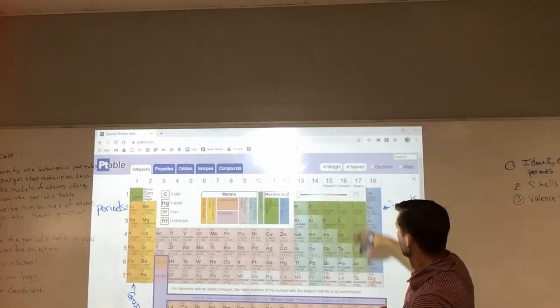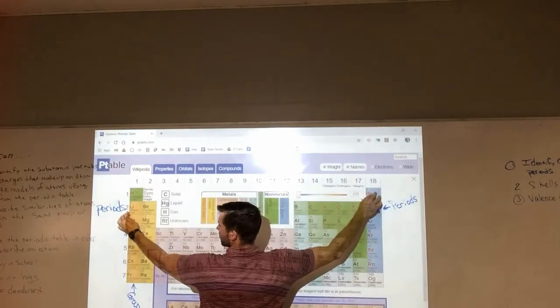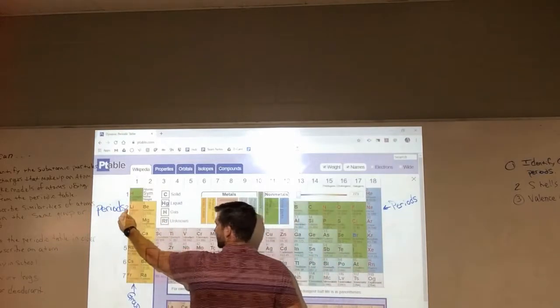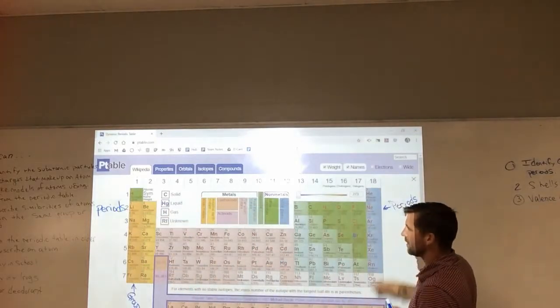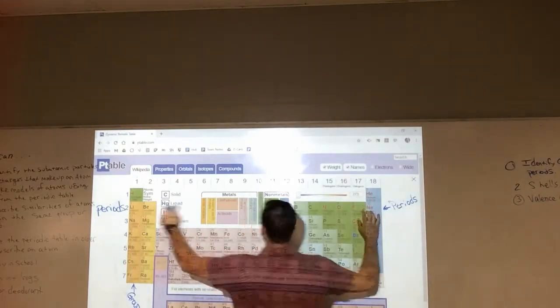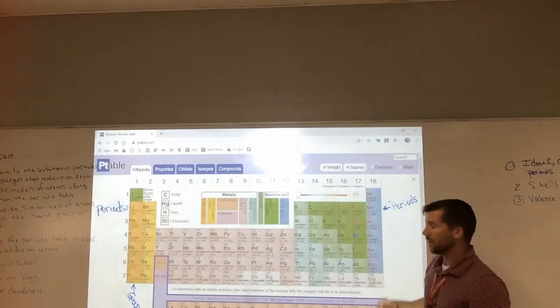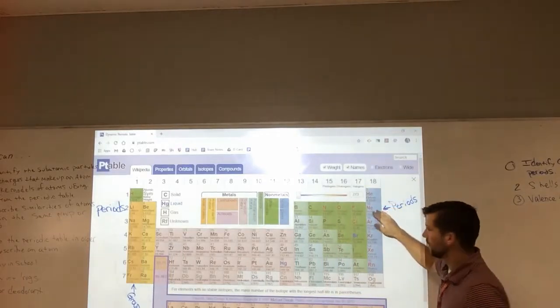When I fill that shell up, we have to go to the next shell. When we're building these atom models, in the next shell out we start filling up electrons. This shell would hold 8 total electrons, and that shell does in fact hold 8 electrons.